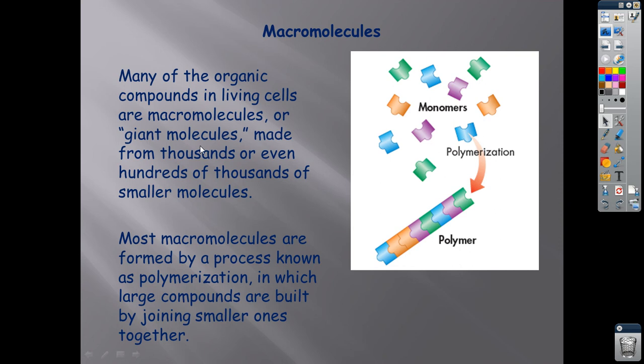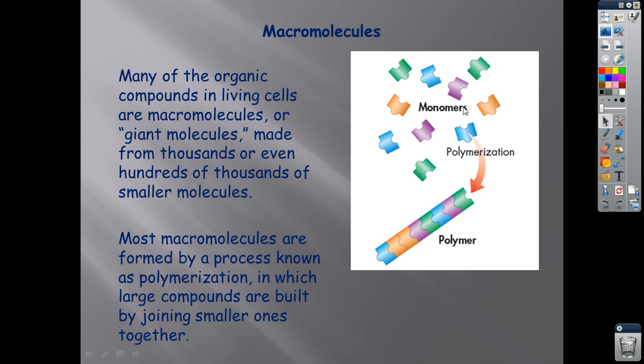You take hundreds, thousands, or hundreds of thousands of smaller molecules that bond together to make one large molecule. So we call that a giant molecule. It's also known as a monomer.